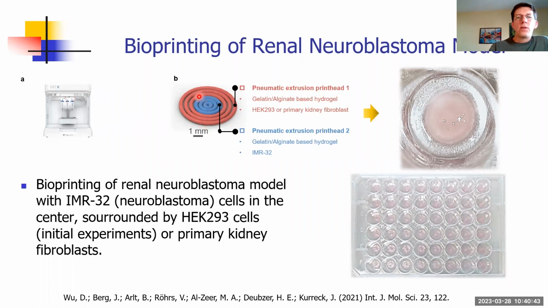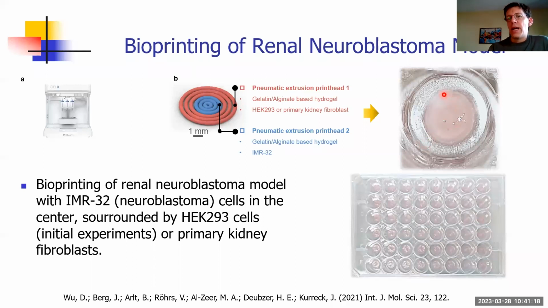So what we do is that we print a human tumor that is surrounded by human cells as the healthy tissue. What we started with was a neuroblastoma model, and these neuroblastoma form metastasis, and we tested metastasis in the kidney. In initial experiments to optimize the model, we used HEK293 cells, but for the final experiments, we also used primary kidney fibroblasts. So here you see our model, which you can call an egg model or something.